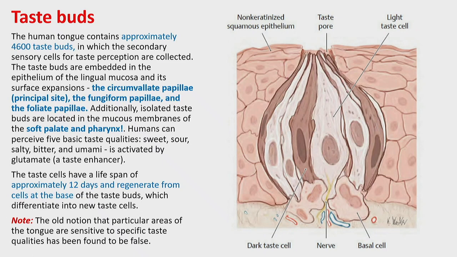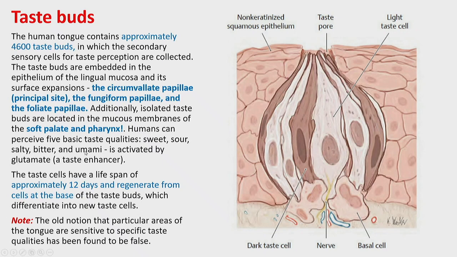As you know, we have 5 basic taste qualities. The 5th one is new; I think it was discovered around the year 2000. You know sweet, sour, salty, and bitter, and there is a 5th one called umami.